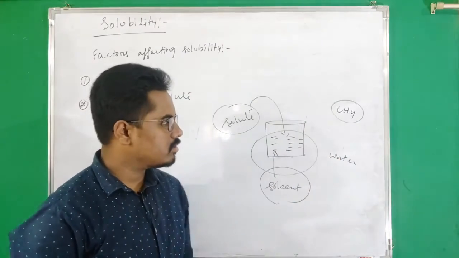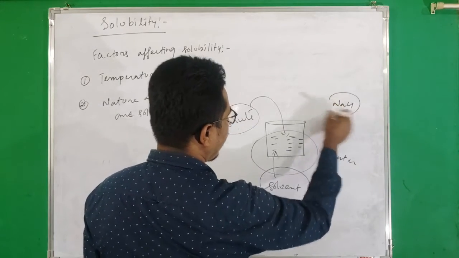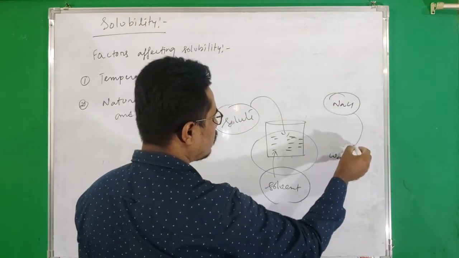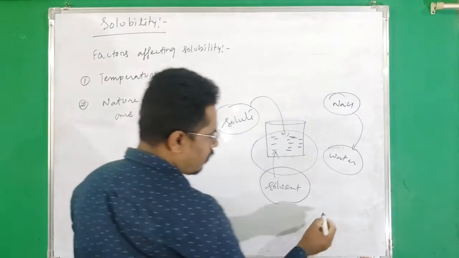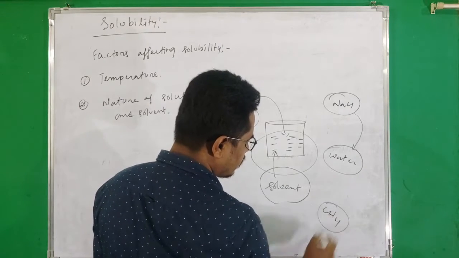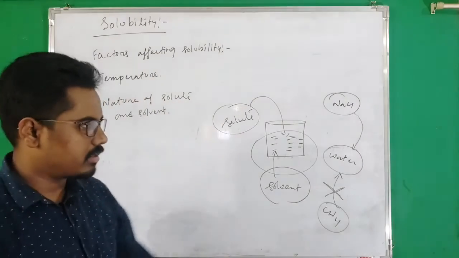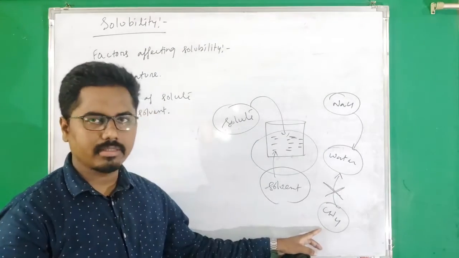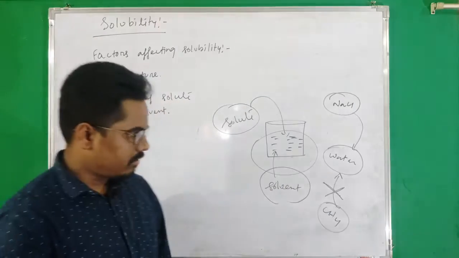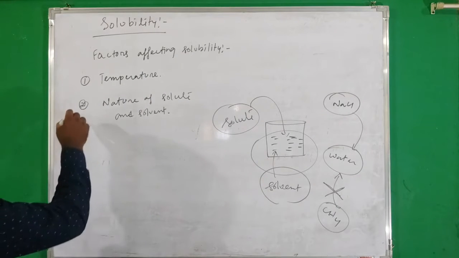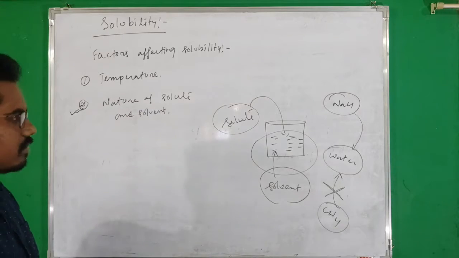So that means polar solutes or ionic solutes are soluble in polar solvent like water, but non-polar solutes are insoluble in polar solvents like water, but they are soluble in organic solvents like benzene, carbon tetrachloride, okay, ethanol, etc. So that means we can say that the next factor which affect the solubility is nature of solute and solvent.